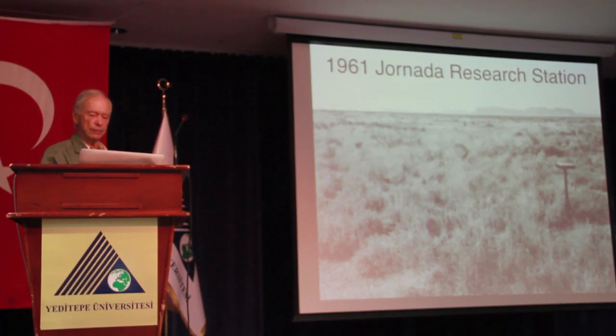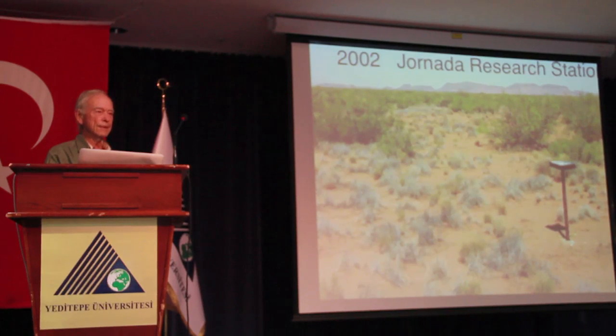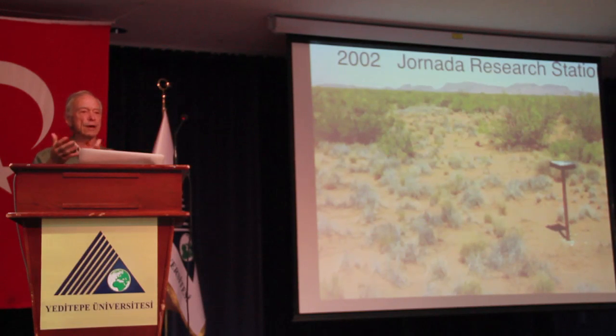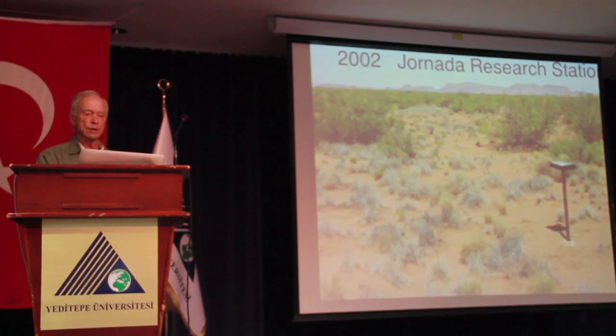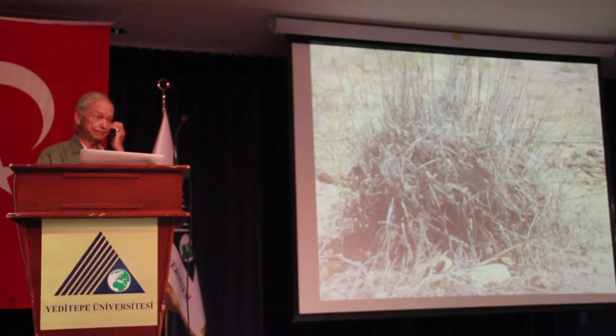Thank goodness they left the plots, and we can go and look at the plots, and they too turned to desert. They only looked at the plants regrowing, but then didn't look at how the biological cycle functioned. Looked at it too short term. All right, so we're back with our oxidation problem still.